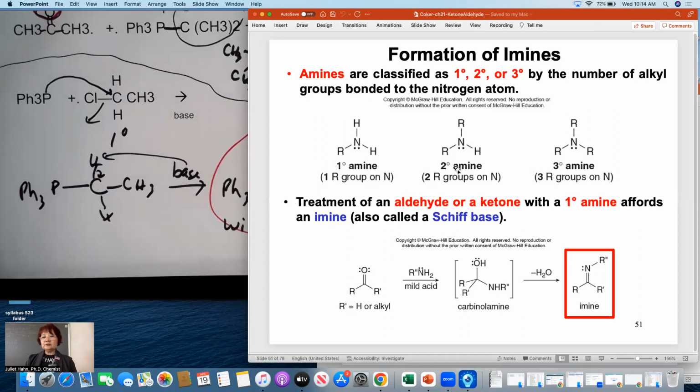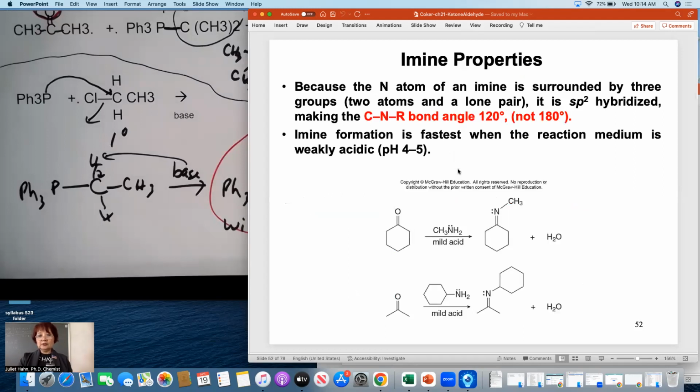So this is addition to an aldehyde or ketone, and all I'm going to ask you to do is just know the product. But it actually involves nucleophilic addition followed by the removal of the carbonyl oxygen as water, and then you form a double bond for a primary amine. So this is a primary amine.